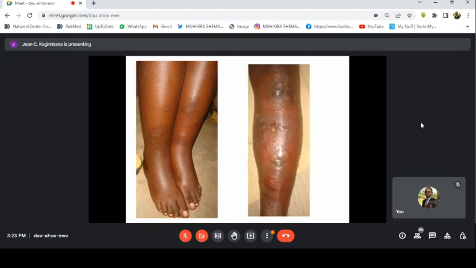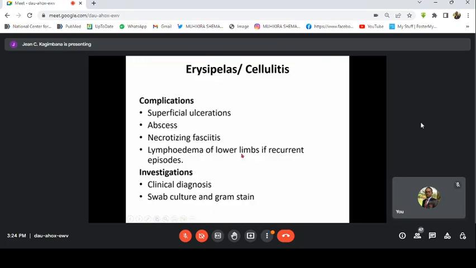Okay? But when you go here, the whole limb is swollen. The port of entry was here. The patient had eczema. Now, complications: there are superficial ulcerations, abscess, necrotizing fasciitis, lymphedema, where the whole limb swells.